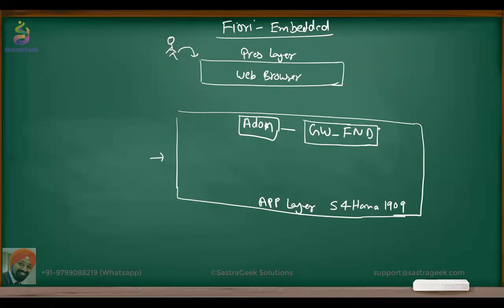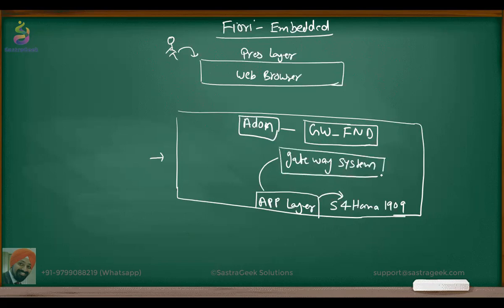So what would be happening? This application layer is working as S4 HANA 1909, and the same application layer is also working for me as your gateway system. So the same box has two components in it.